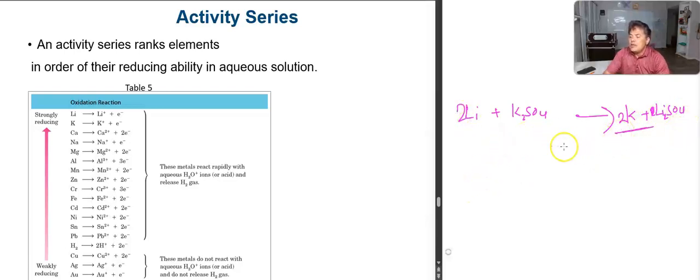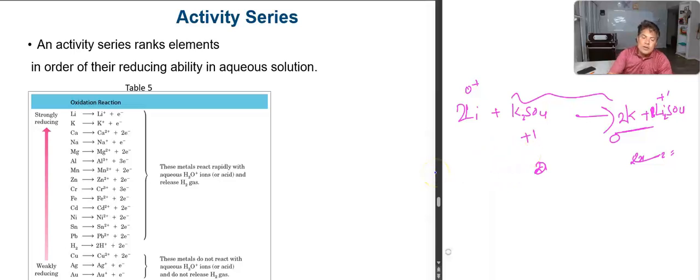Look at that, it's reducing the potassium, because lithium has oxidation number 0 here. In Li2SO4, 2x minus 2, so it is plus 1. Lithium goes from 0 to plus 1, and potassium goes from plus 1 to 0. So it's reducing the potassium, right?